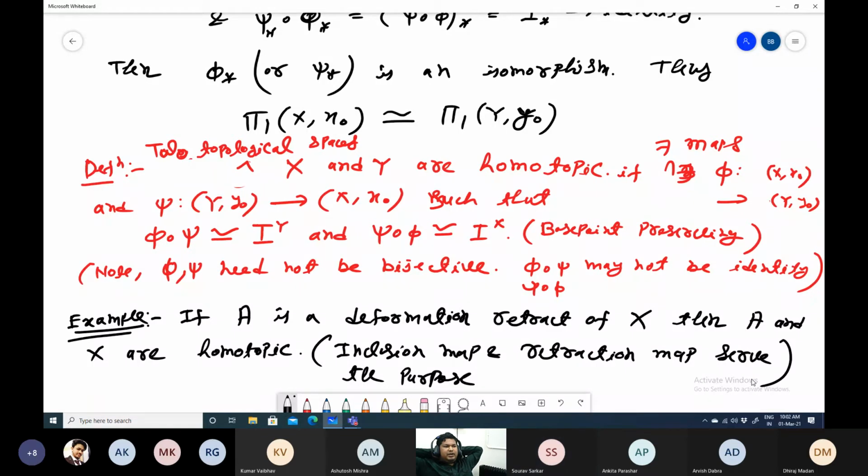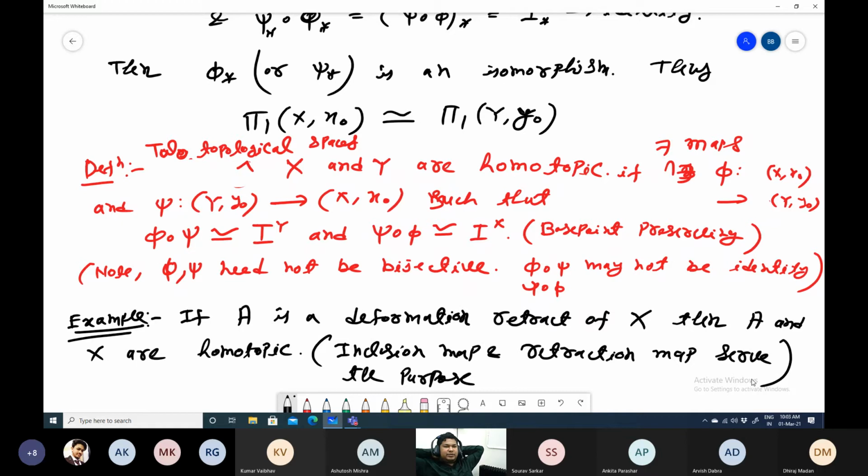That is fine, but that is not a correct answer, Saurabh, because it is not necessary that you need a subset. So Saurabh is saying that if you have two topological spaces, when you take the deformation retraction, generally A is a subset of X, right? But now X and Y are topological spaces that may be different.